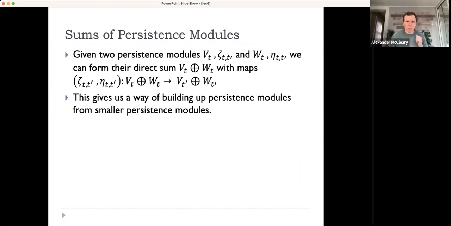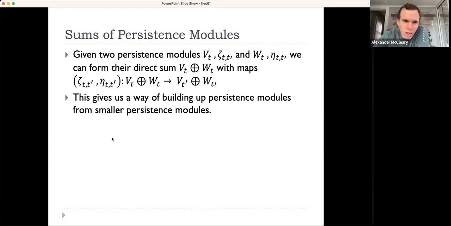This is important because it gives us a way of building up persistence modules from smaller persistence modules. And this was very important in linear algebra with vector spaces. We can build up any finite dimensional vector space from a very basic building block.